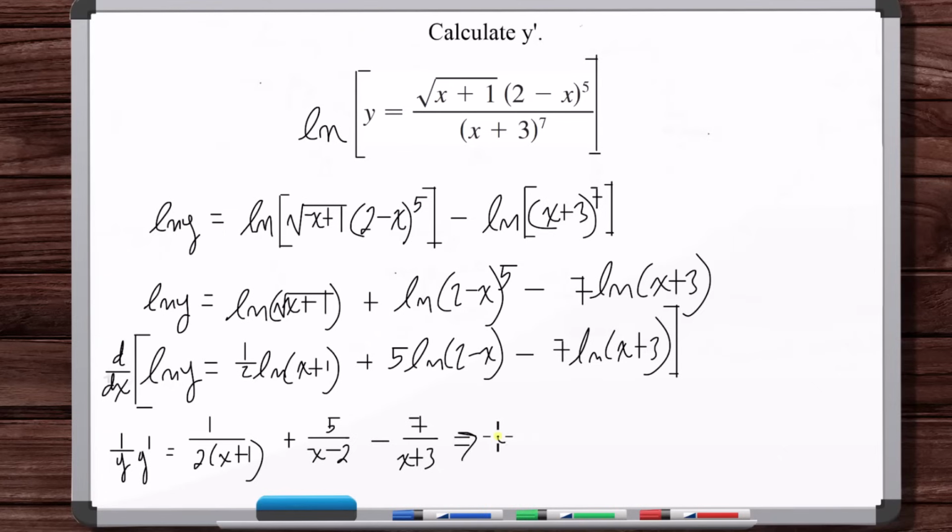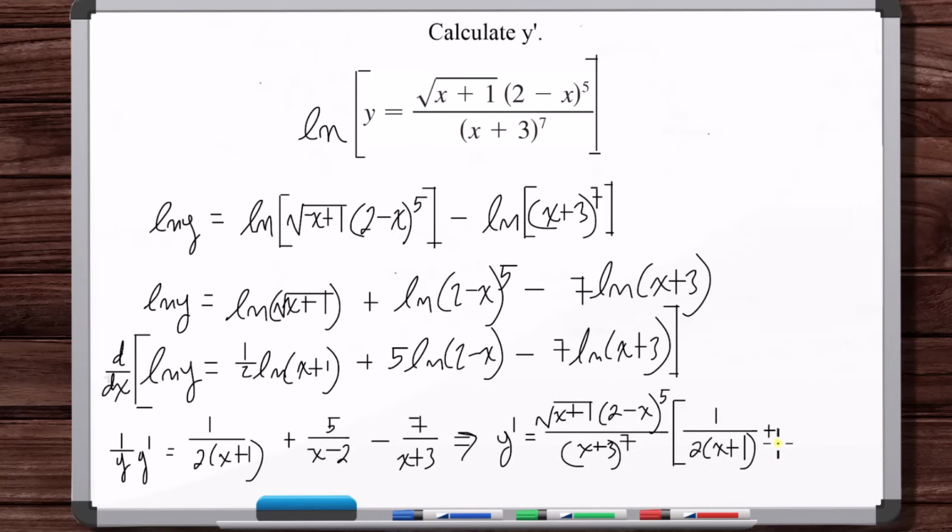And we get that y prime is equal to, okay. And there we go. That's the derivative.